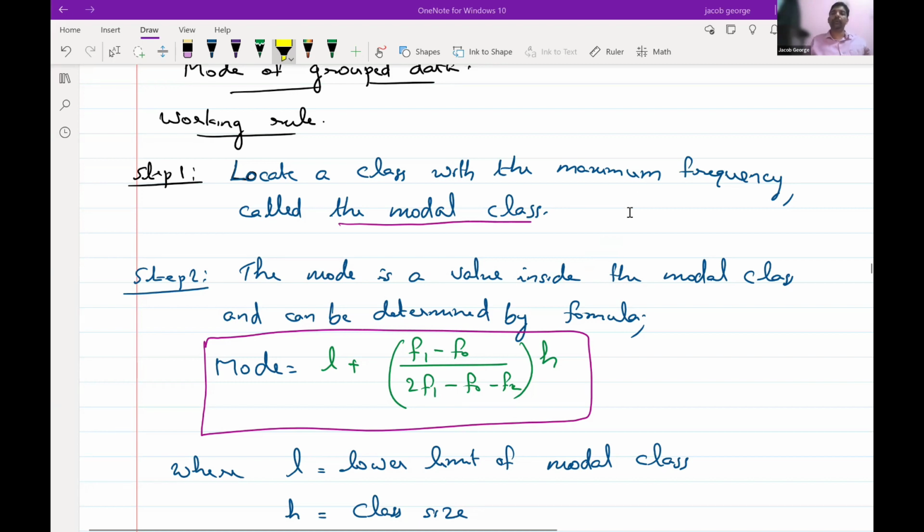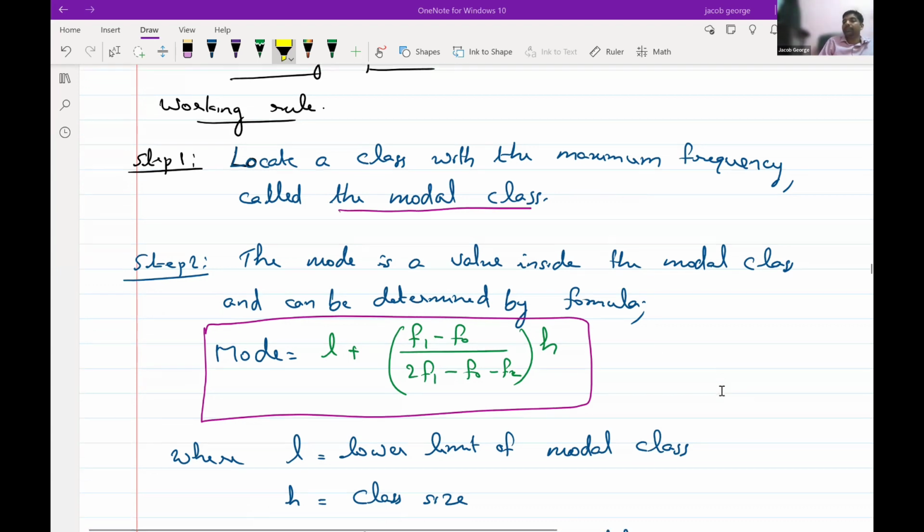Then mode is a value inside the modal class and can be determined by the formula. Everybody learn this formula by heart: mode equals L plus (F1 minus F0) by (2F1 minus F0 minus F2) into H. L means the lower limit of the modal class.